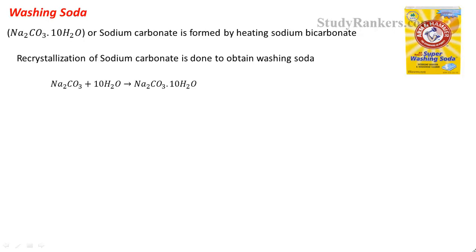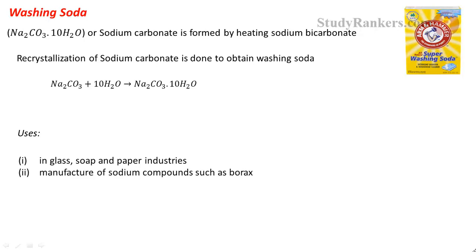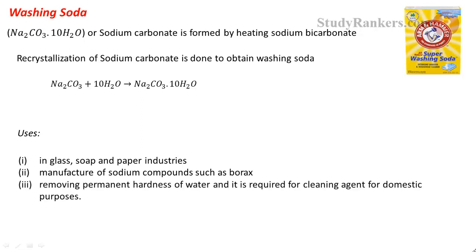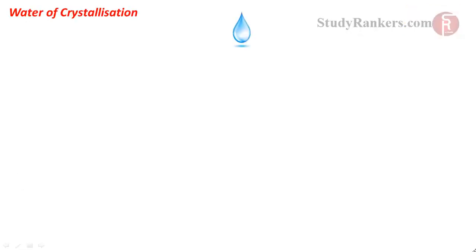Na2CO3 plus 10H2O will give Na2CO3.10H2O. It is used in glass, soap, and paper industries, manufacture of sodium compounds such as borax, removing permanent hardness of water, and it is required as a cleaning agent for domestic purposes.